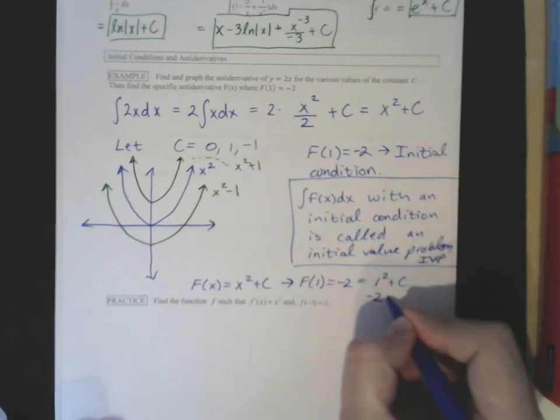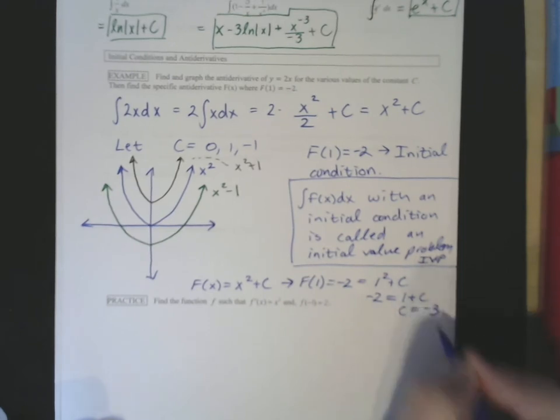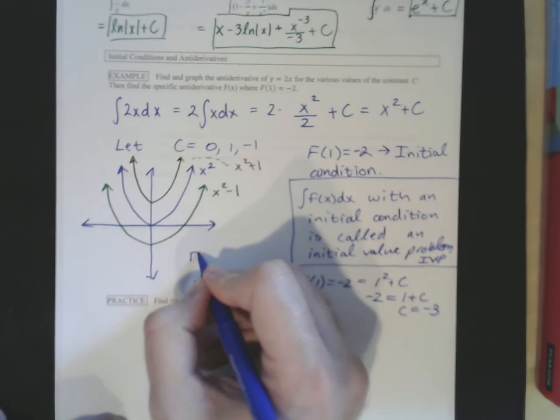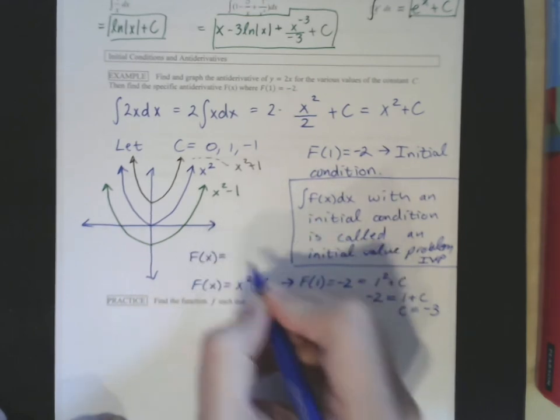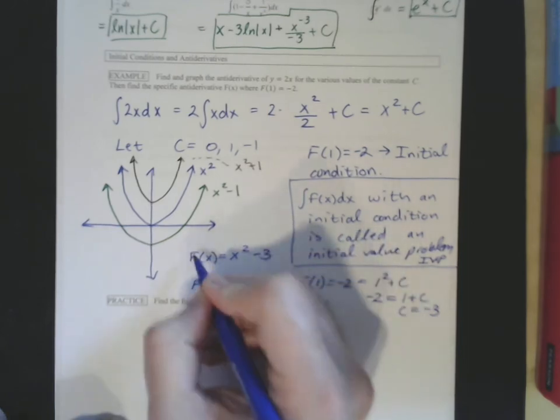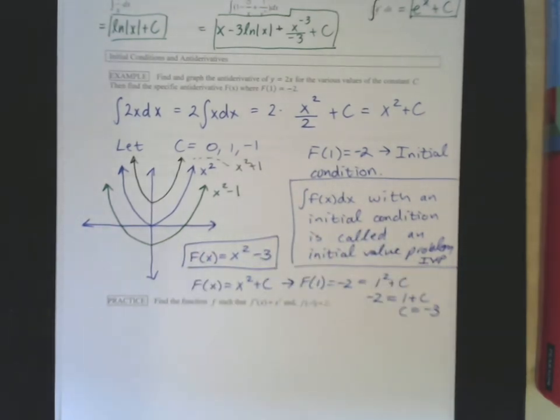Well, that means that negative 2 equals 1 plus c, so c equals negative 3. Which means our final answer, I'll write it here, capital F of x, is x squared, and our new constant is negative 3. This is the specific antiderivative that we were after.